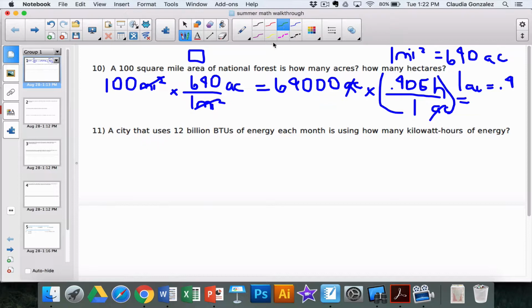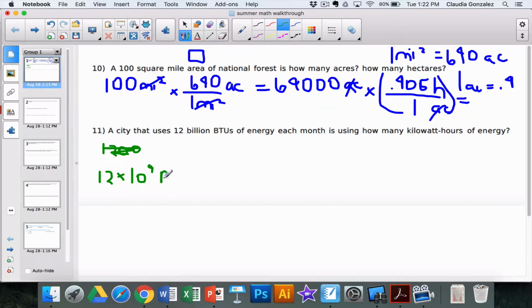A city that uses 12 billion BTUs of energy each month is using how many kilowatt hours of energy? So 12, you can write out all the zeros, but that's too much for me. So I'm going to write it in quasi-scientific notation. I say quasi because I'm just going to write 12 times 10 to the 9th to be really quick.